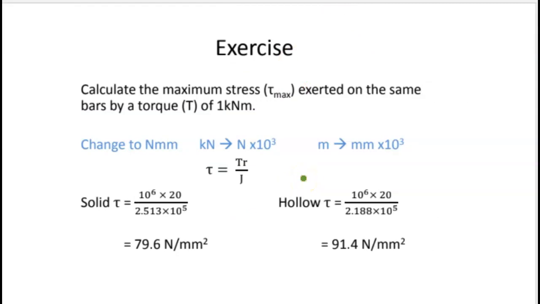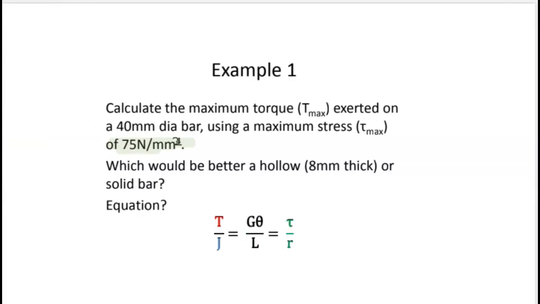Okay, now let's have a look at the maximum stress exerted on the same bar by a torque of 1 kilonewton meter. If I got a torque of 1 kilonewton meter, for the solid one, I need to rearrange the formula. The real formula is T over J equals shear over R. So I need to make the shear the subject, so ignore the other part because it's not given.